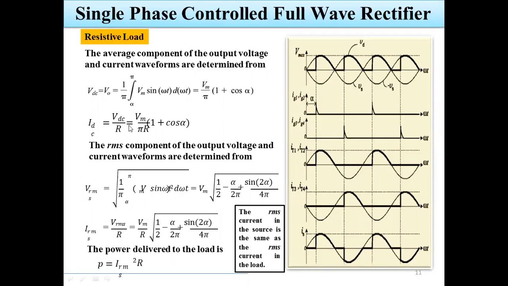Next, IDC equals VDC by R, the average DC current. So IDC equals Vm by (pi R) times (1 plus cos alpha).